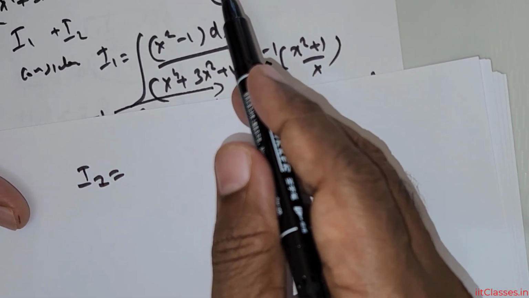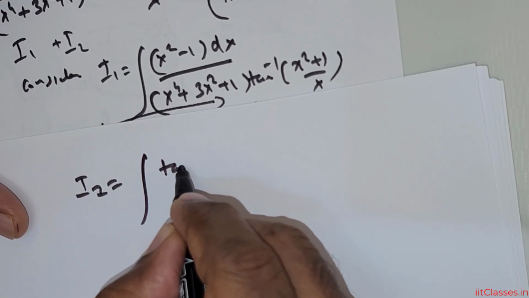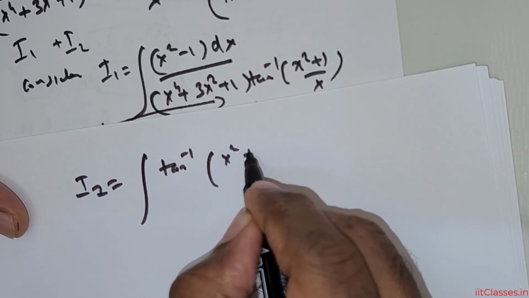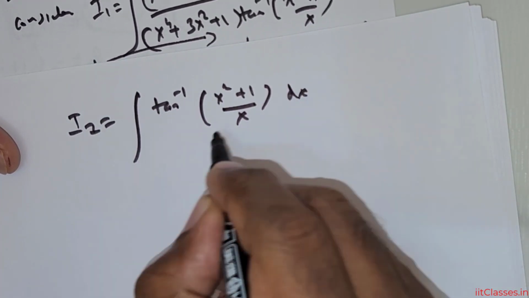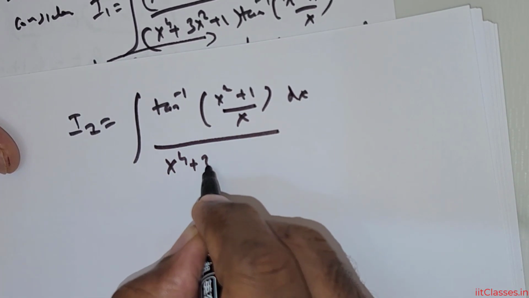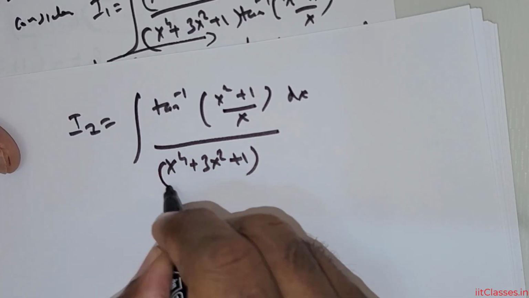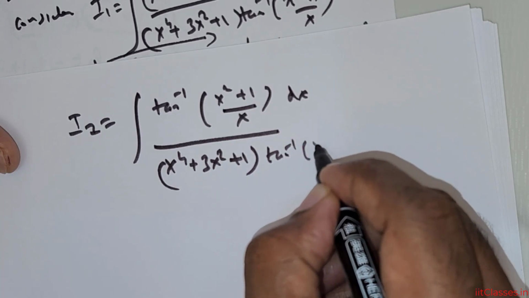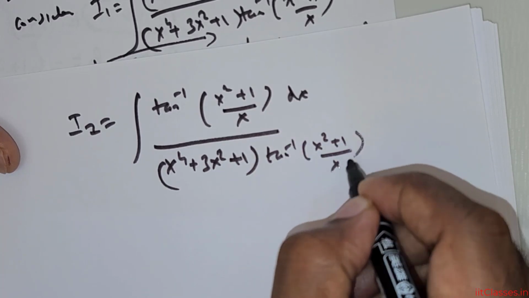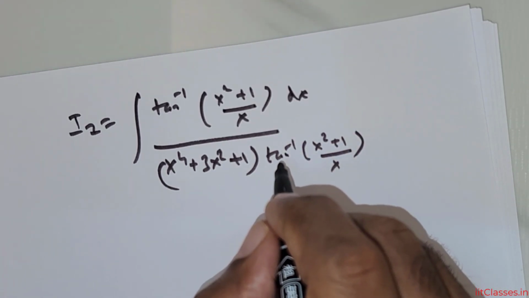Now what is I2? I2 is tan inverse of (x² + 1)/x times dx divided by (x⁴ + 3x² + 1), right, times tan inverse of (x² + 1)/x. This is what's our I2.